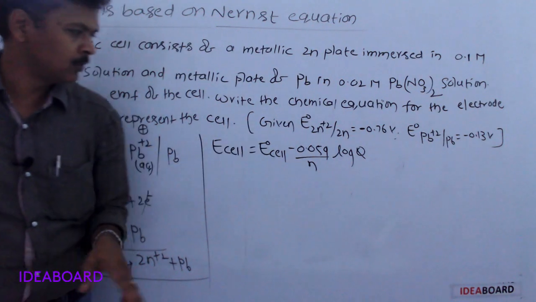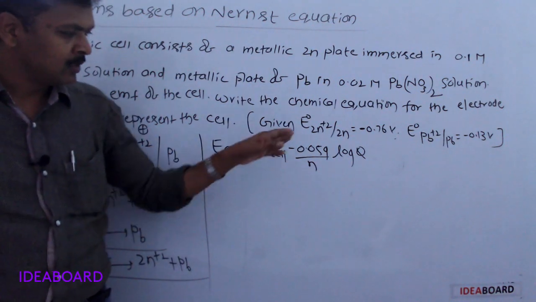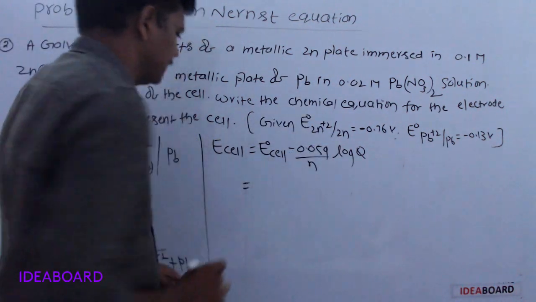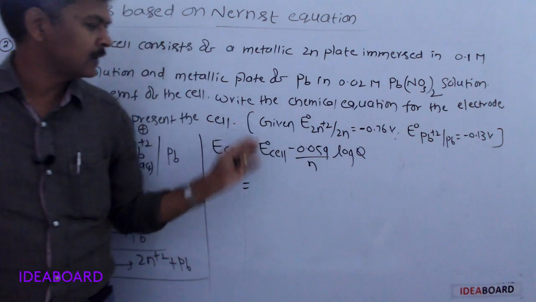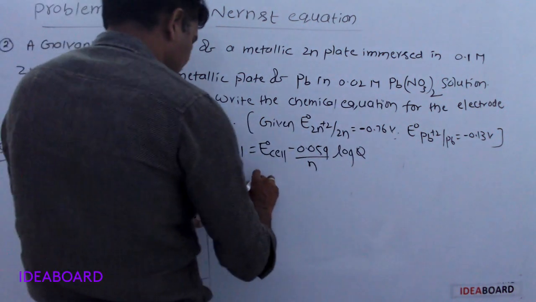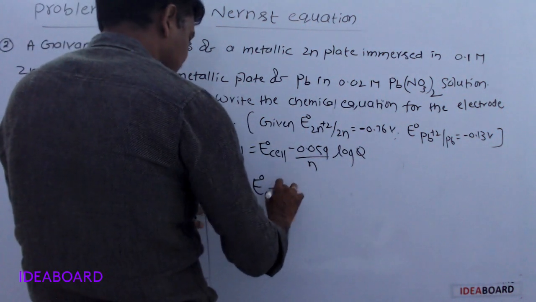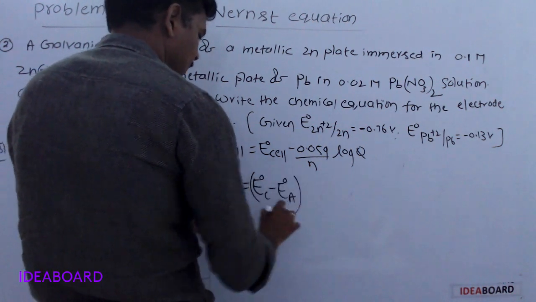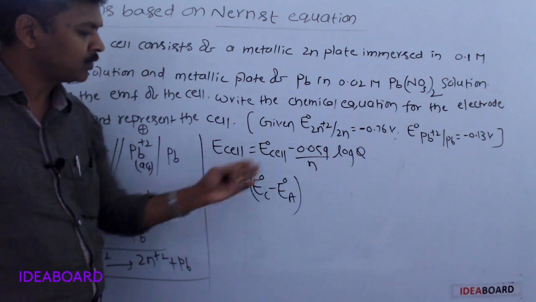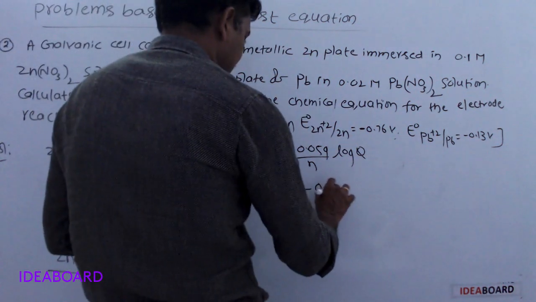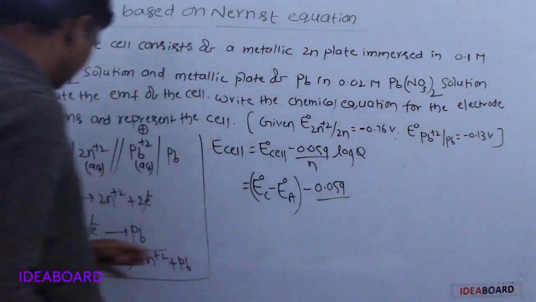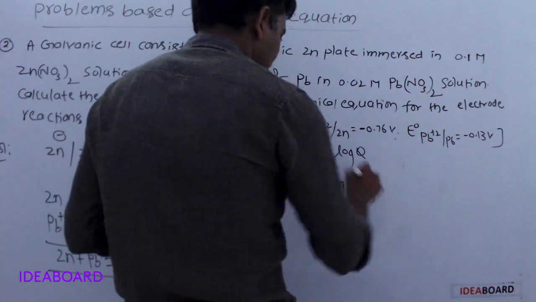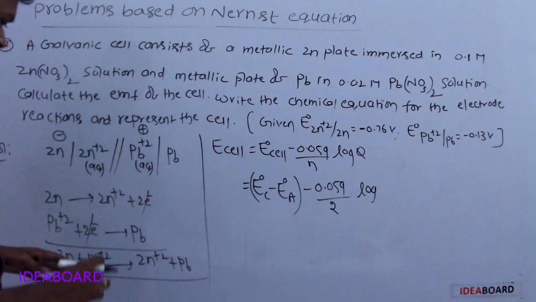Electrode potential of the cell is equal to the standard electrode potential of the cell minus 0.059 by n log Q. E naught cell is nothing but E naught cathode minus E naught anode. Here how many moles of electrons are involved? 2 moles of electrons.